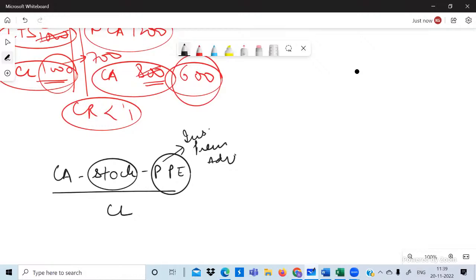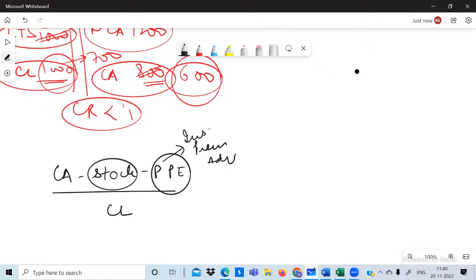But let's say after that, somewhere in the 4th month, you need some cash immediately because you have to make a payment to your supplier. Can you go back to LIC and say, please give me back my insurance premium? The answer is no. LIC will not entertain it. So prepaid expense, once the money goes out, it's gone. You cannot even get it back. Stock will at least get converted to cash, but it will take its own time.